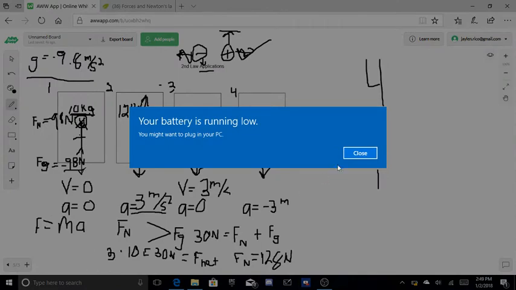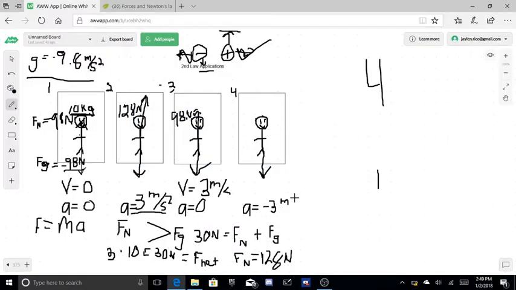Taking what we did for stage 2, let's do acceleration times mass, times 10, which equals a net force of negative 30 newtons.